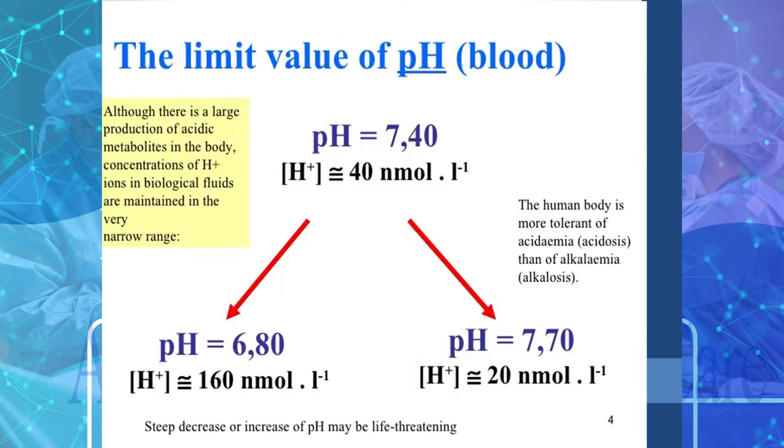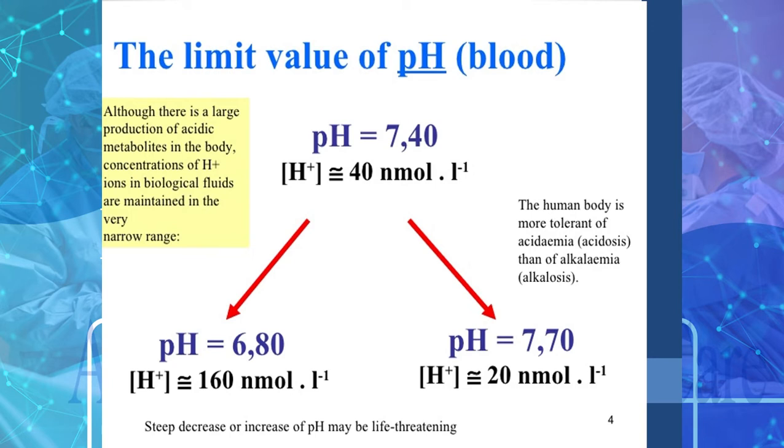As I told you, the amount of hydrogen ion should be kept in a tiny amount, in a very limited range. It is from 35 to 45 for the hydrogen ion, and this equals a pH of 7.45 to 7.35.